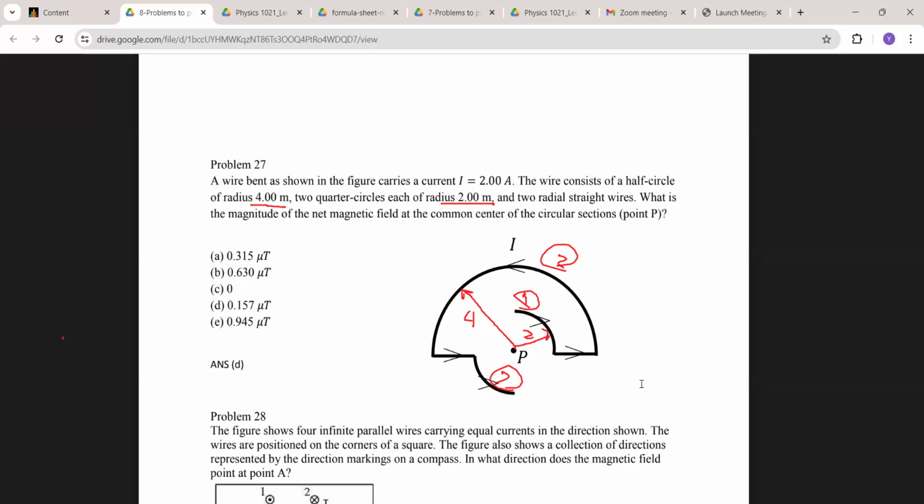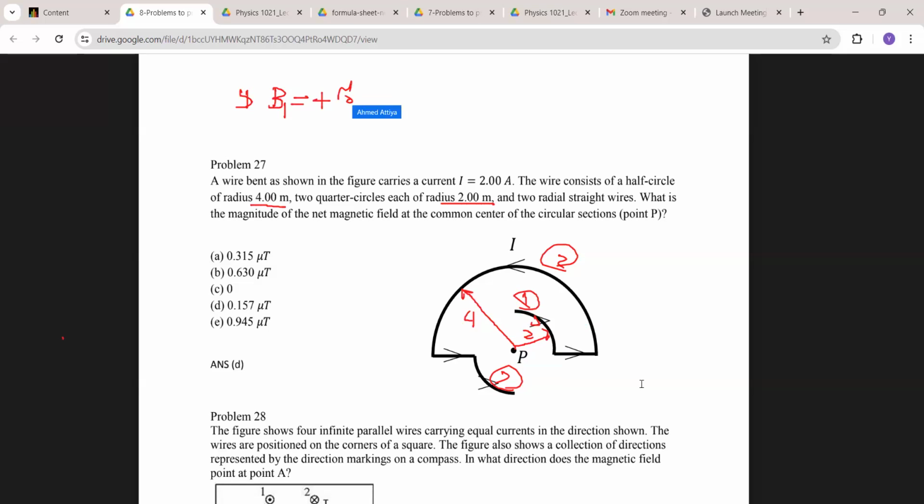The current here, I'm going to assume that what is inside the screen is positive and what is outside the screen is negative. All right? So the magnetic field B1 is positive.